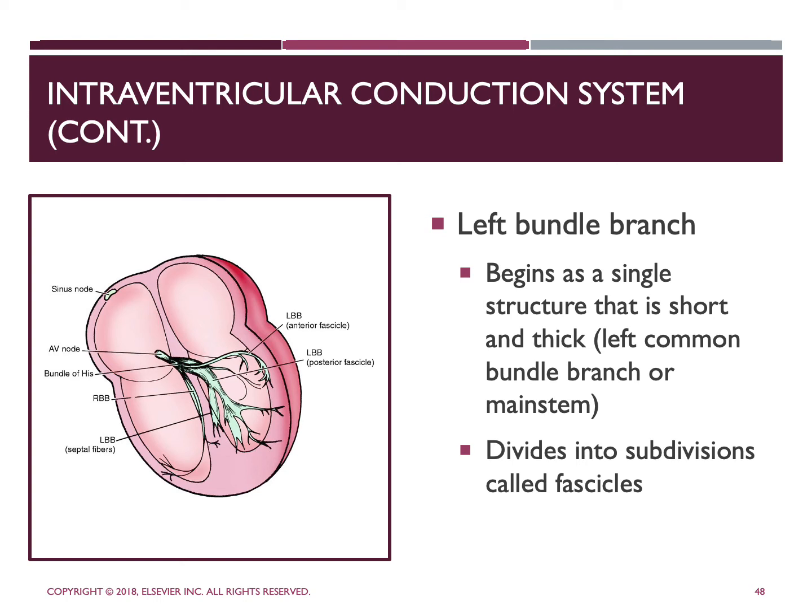The posterior fascicle relays the impulse to the posterior portions of the left ventricle. It is short, thick, and rarely disrupted because of its structure and dual blood supply from both the LAD artery and the RCA. In some people, a third fascicle, called the medial fascicle or septal fascicle, emerges from the left bundle itself or its posterior inferior division.